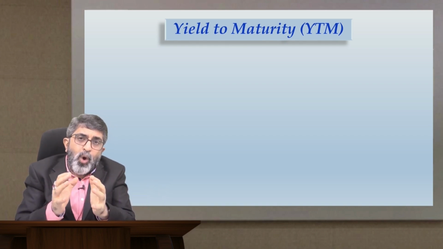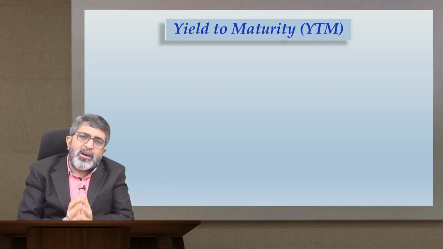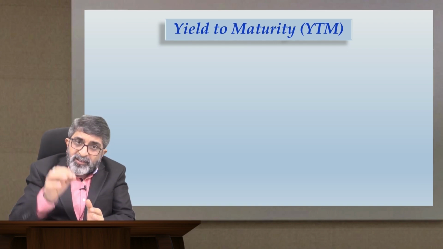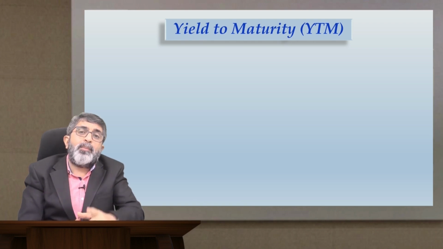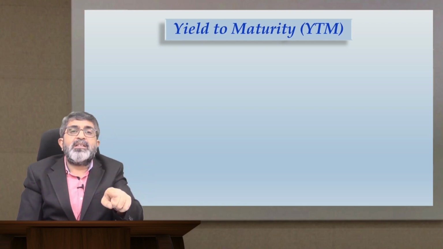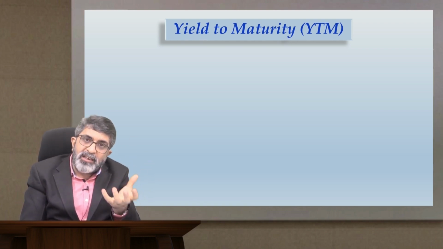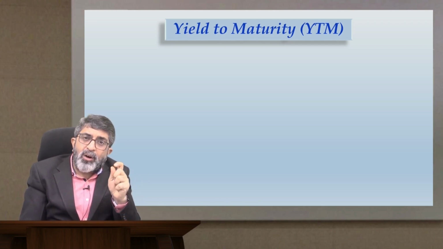That means what yield the bondholder will earn if the bondholder is buying the bond now at the current market price and holding the bond up to maturity. Then the bondholder will be earning this yield. This yield is always stated on a per annum basis.